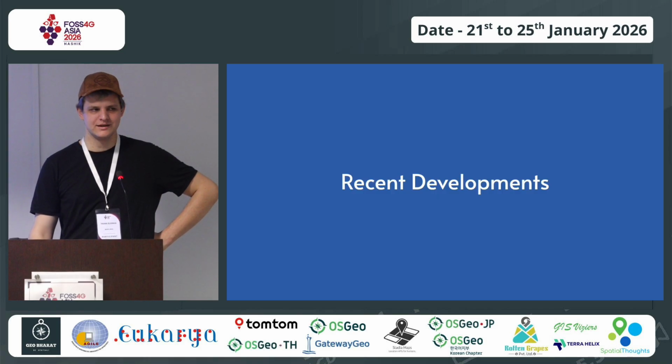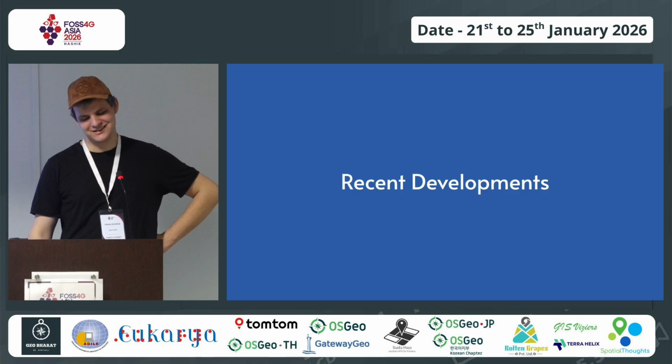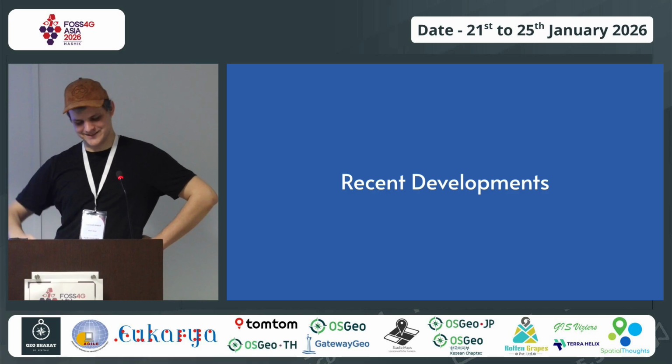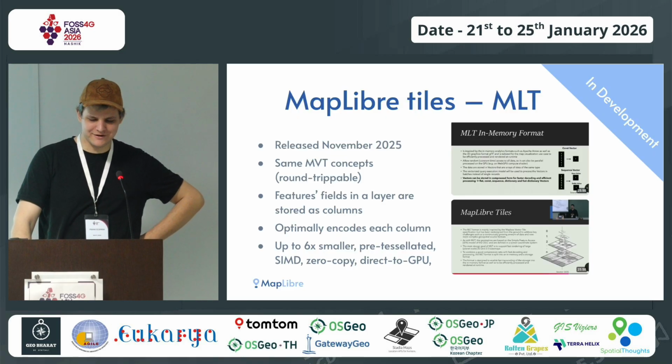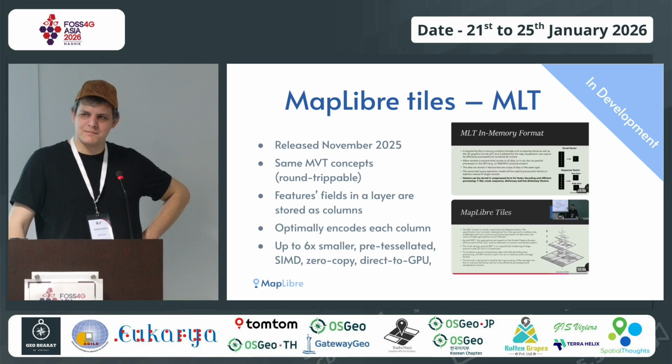But what have we been up to in the last few years? Because what I've already showed you is old news. So what have we done? We have worked on a tile specification. We noticed this MBTiles format came out in 2012, and we designed it for being simple to use and simple to build.